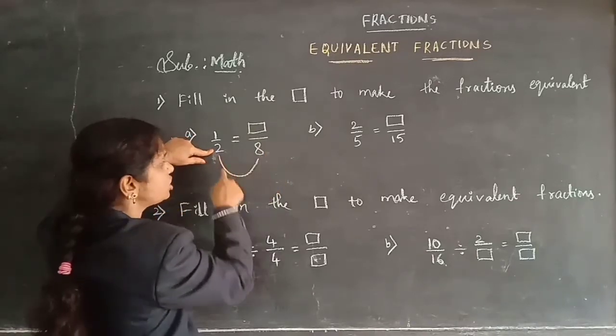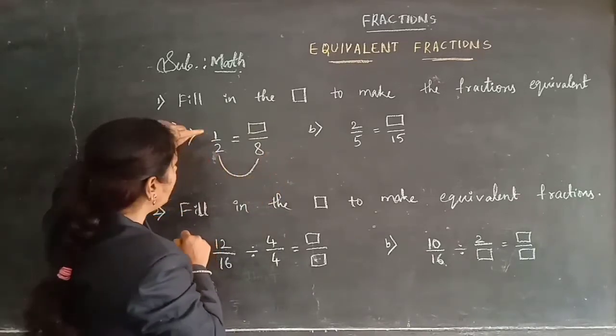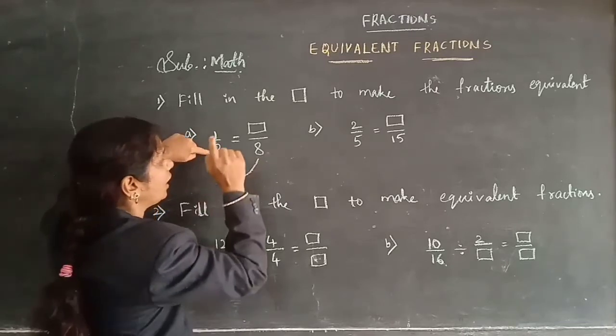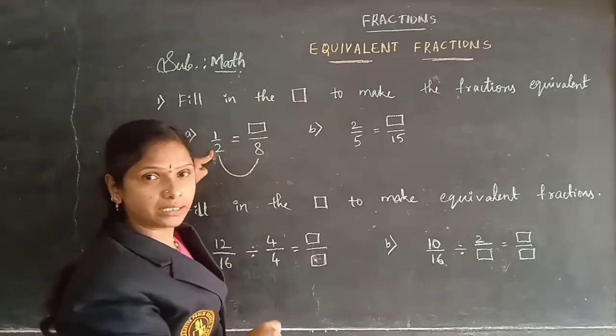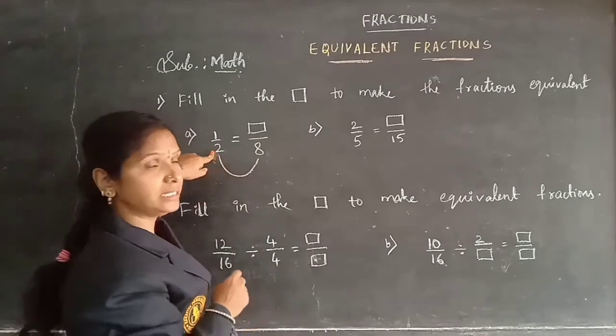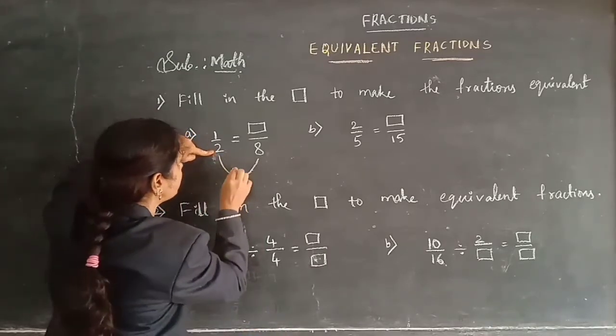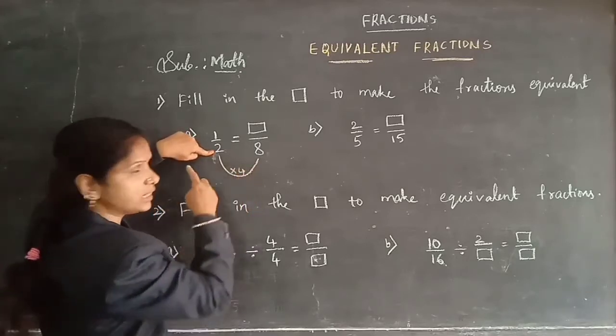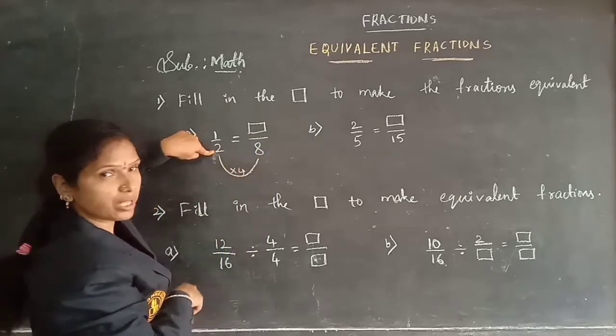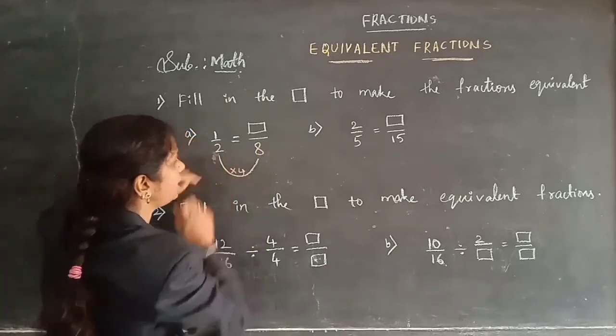Once you observe these two denominators children, in the 2 table you will get 8. So in the 2 table, if you multiply with 4, then you will get 8. Okay, 2 4s are 8 children.